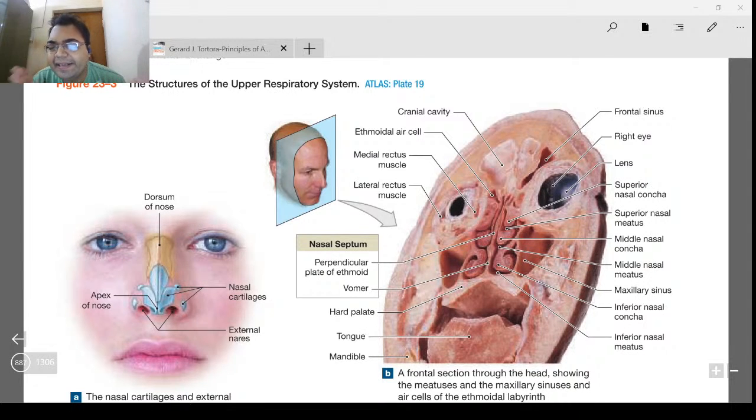Now this air is warmer and more humid than the air that enters. Since this air is warmer, what will it do? It will warm the mucosa. Warm the mucosa means what?